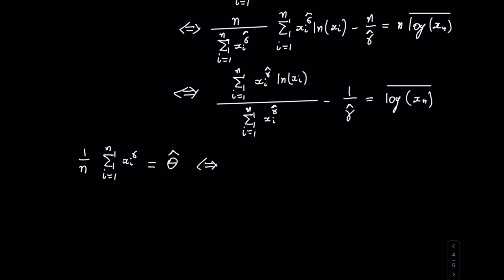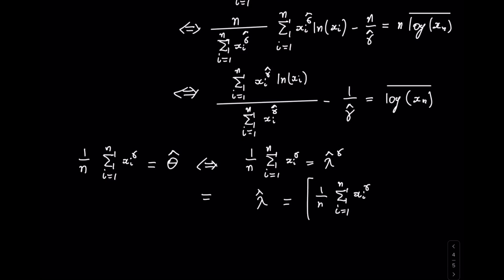Remember, this by definition was 1 on n, i equals 1 to n, xi to the gamma is equal to, in this case, we can write lambda hat to the gamma, which leaves us with our lambda hat, if we were to use the alternative expression, would be 1 on n sum i equals 1 to n of xi to the gamma, all to the power of 1 on gamma.